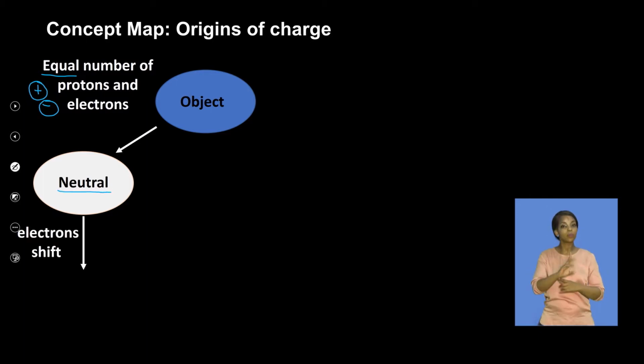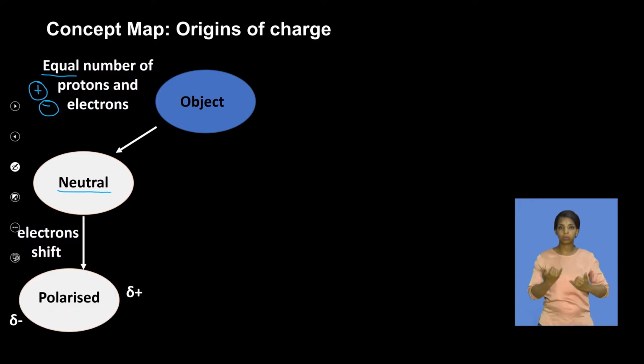Now, if we bring a charged material closer to a neutral one, as we'll demonstrate during the course of our session today, there's something called polarization of charge, whereby the electrons shift. Why is it about the electrons? We've already mentioned that electrons are the ones that are transferred between materials.